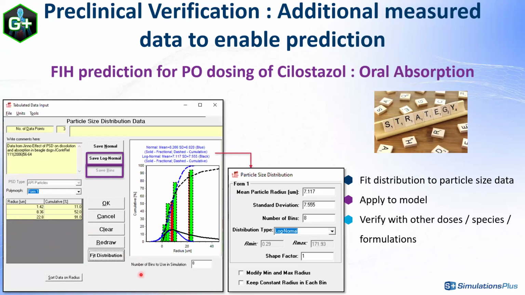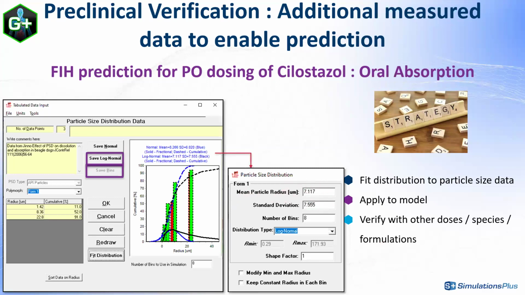You can then fit either a normal or a log normal distribution and save that along with the number of bins that you wish to use in the simulation. So I've used the log normal as indicated by the black line along with 8 bins, and this gives me a mean particle radius of about 7 microns.